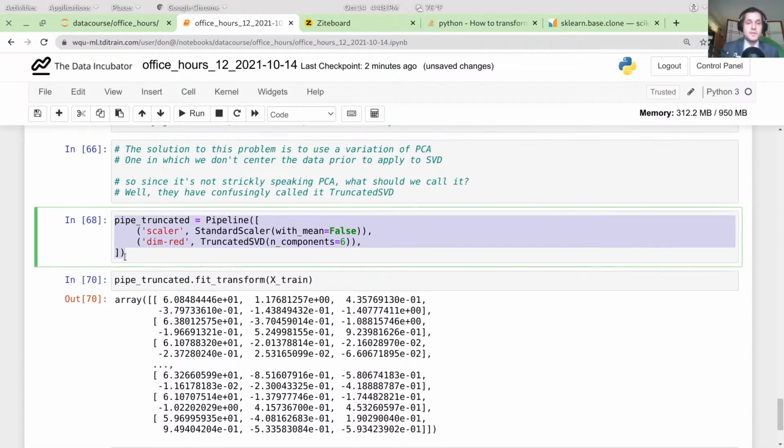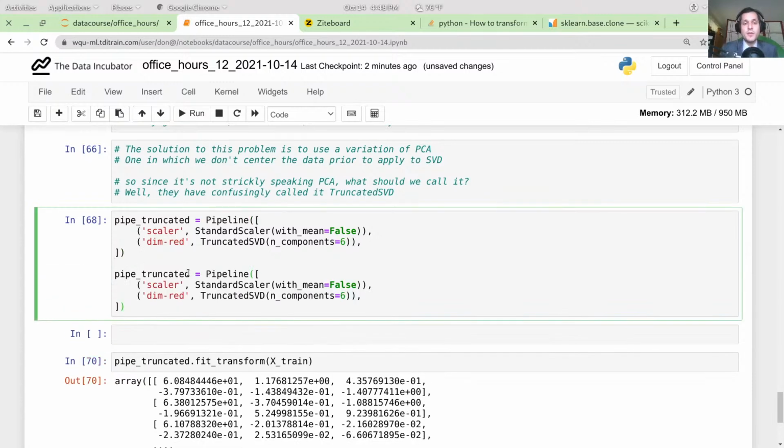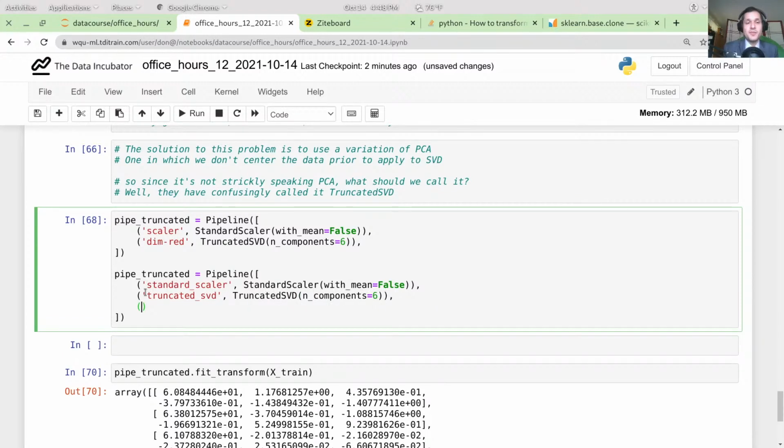So let's just show you a comparison of what I'm talking about, the style of how I name things, just so you can know what I'm talking about. I could have named this standard scaler. I could have named this truncated SVD. I can even have a predictor and call it tree, and have a decision tree regressor.